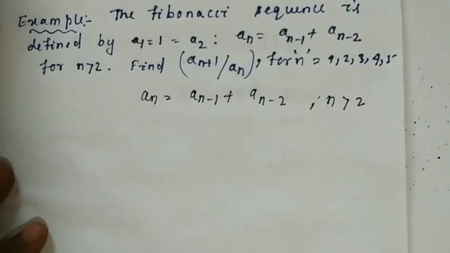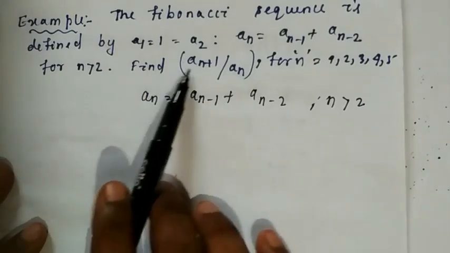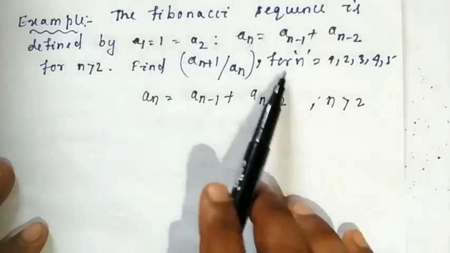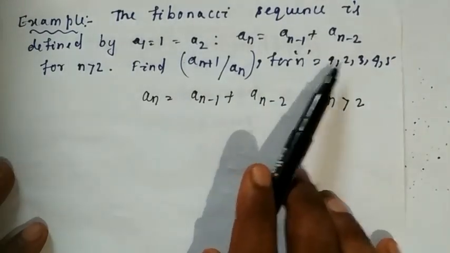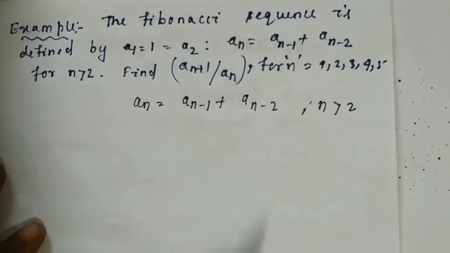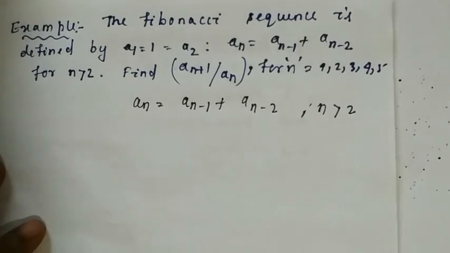Remember, n should be greater than 2, and you have to find an plus 1 by an for n is equal to 1, 2, 3, 4, 5. Listen here, this sequence is called a special sequence, the Fibonacci sequence.